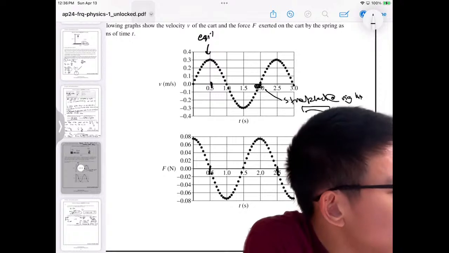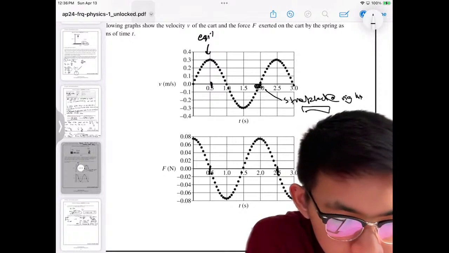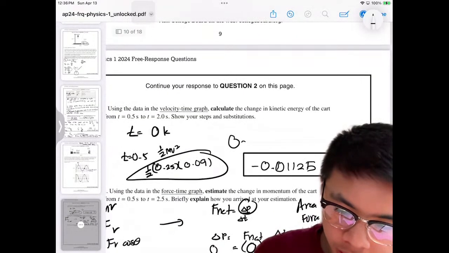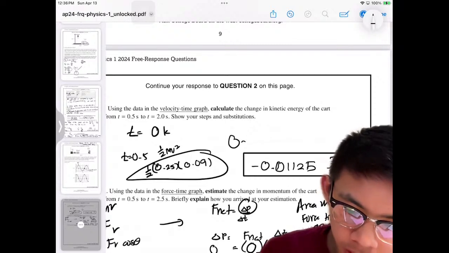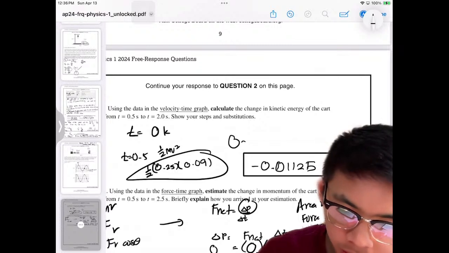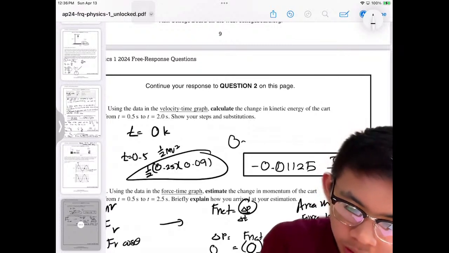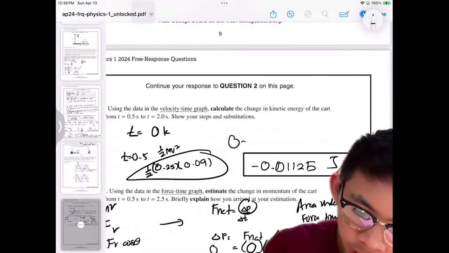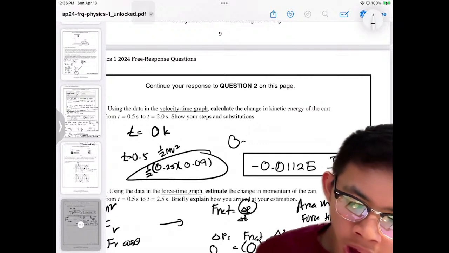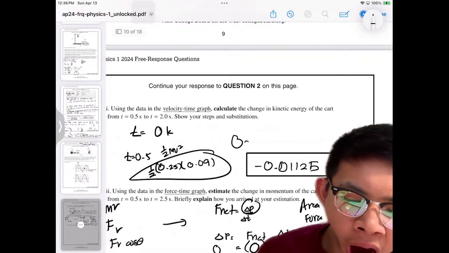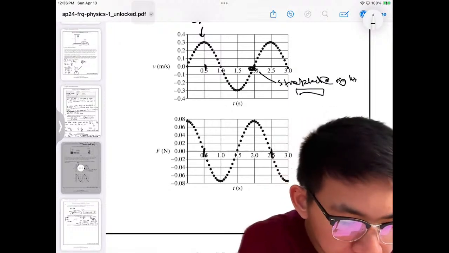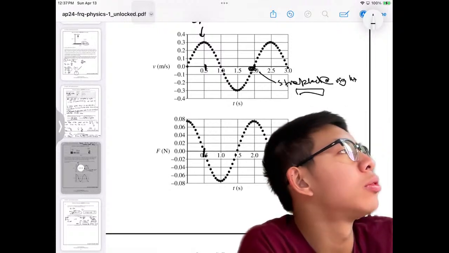I would say yes, because how does energy relate to force?